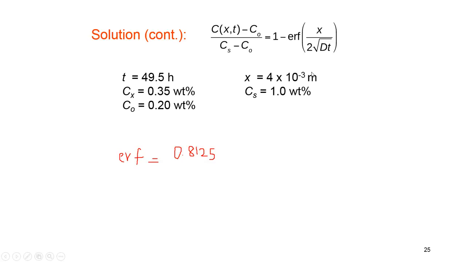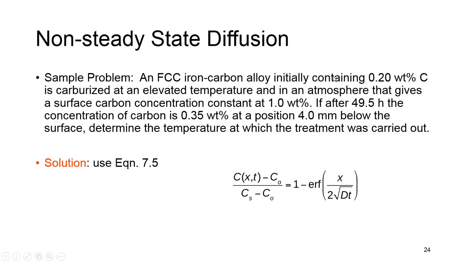Now we use the other relation, which shows the value of diffusion based on temperature and the temperature-independent pre-exponential, equation 7.8. If we want to use equation 7.8, of course we have to know the value of D0 for carbon in FCC iron, because if we go back to this question, it's talking about diffusion of carbon into FCC iron.